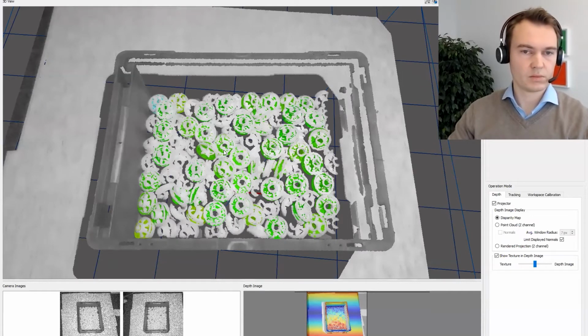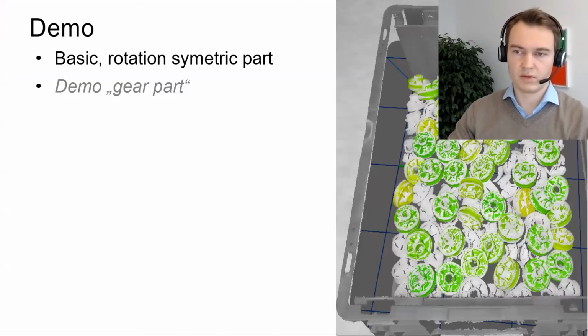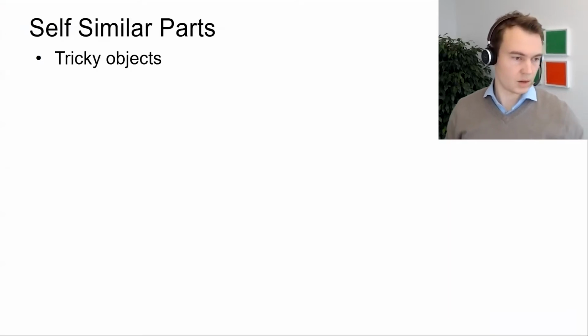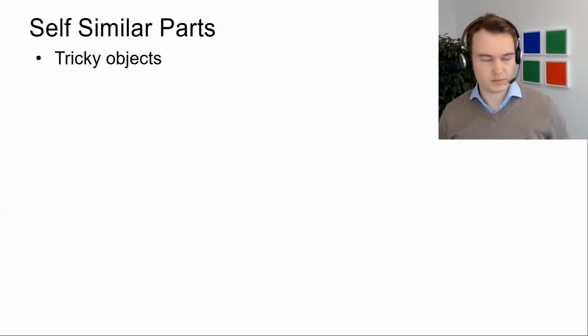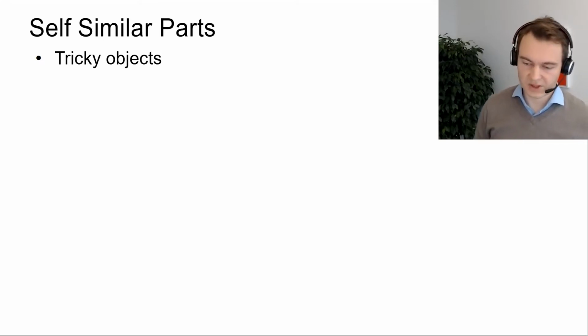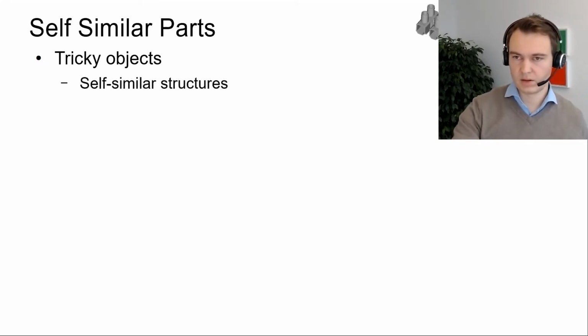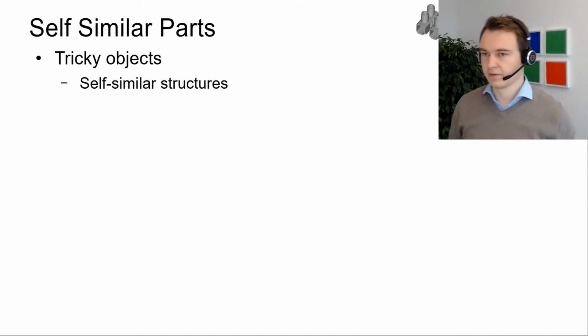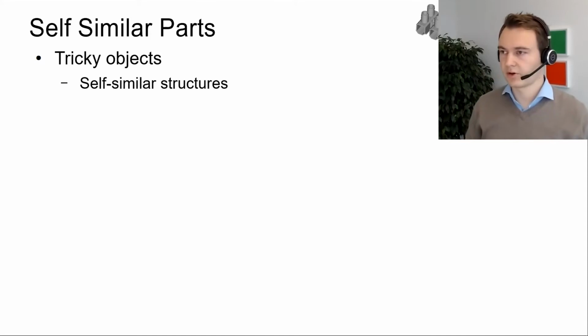So this is the quick demo of the gear part. And now we can move on. Tricky parts: of course, there are different variants of tricky objects. First of all, you might have objects that have some kind of self-similar structure.